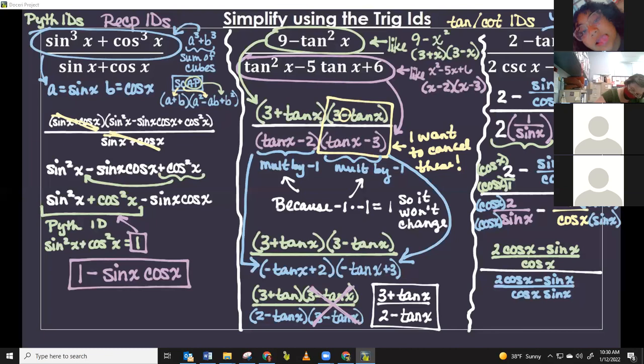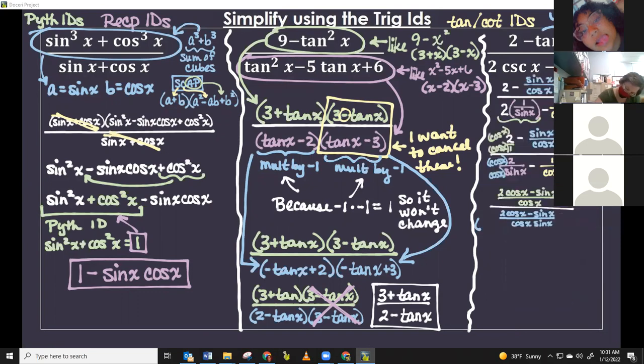How can I stop dealing with a compound fraction here? What would let me be able to stop dealing with a compound fraction? Yes, take out the denominator, flip it around.